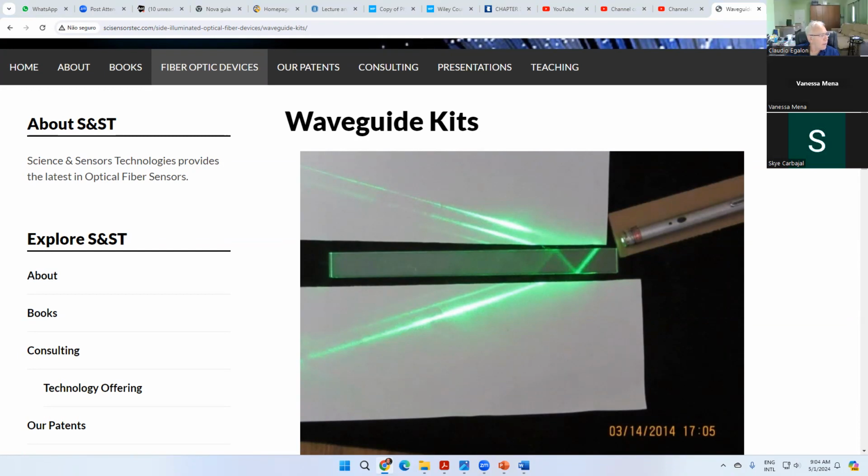Effects. Okay, right in here. Now you can see my laser, right? It's the same one that you see there in the picture. And we get back to my background here.